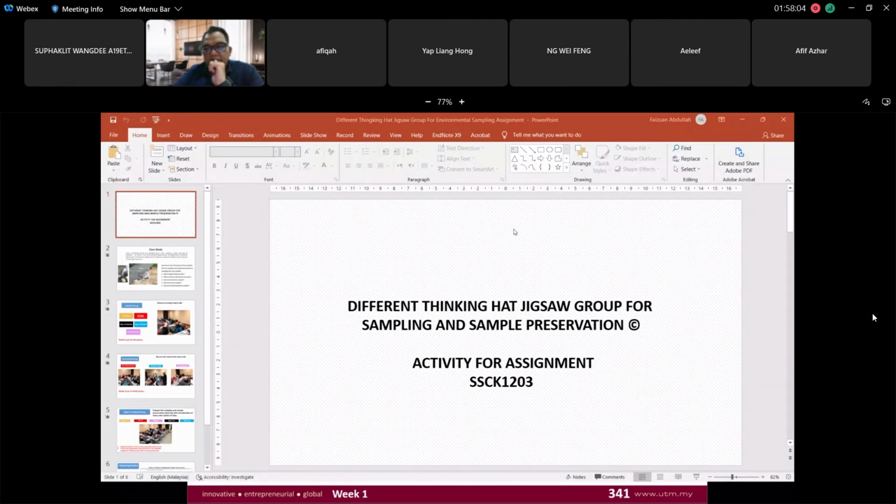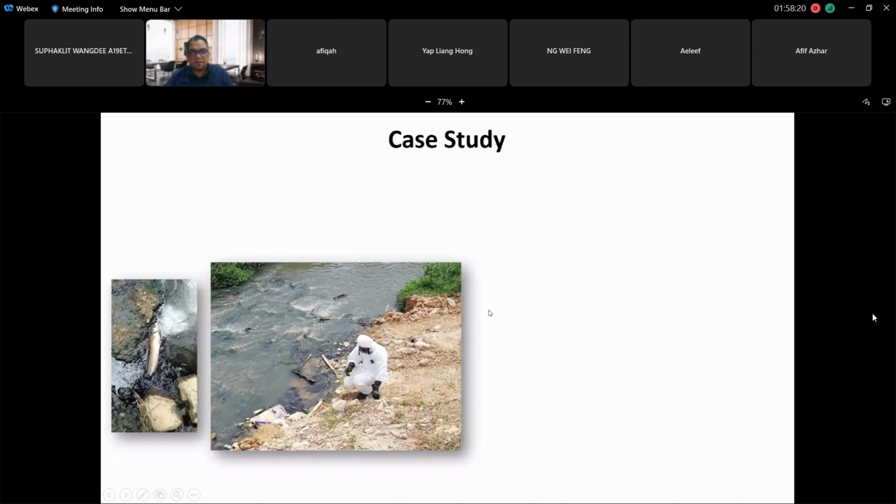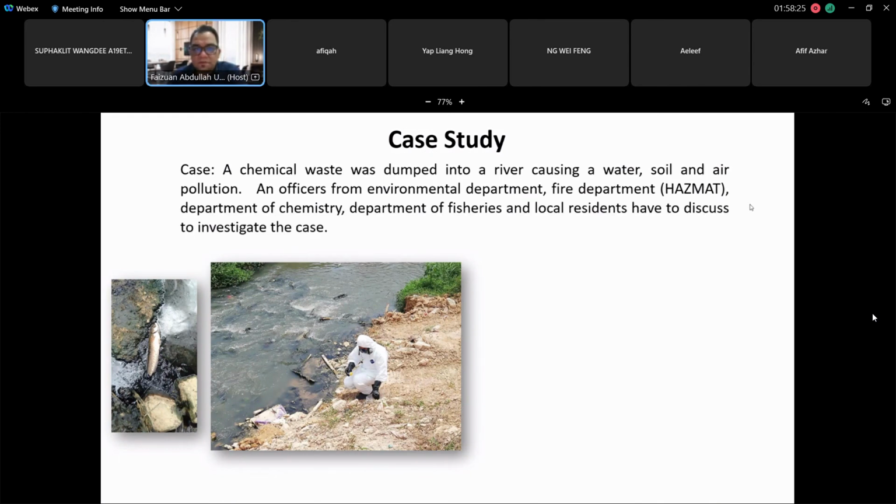All right, the assignment is called the different thinking hat jigsaw group for the sampling and sample preservation technique. You have a case study. A chemical waste was dumped into a river, causing water, soil, and air pollution, meaning that the chemical produced formation of volatile gas that contributes to the air pollution as well.